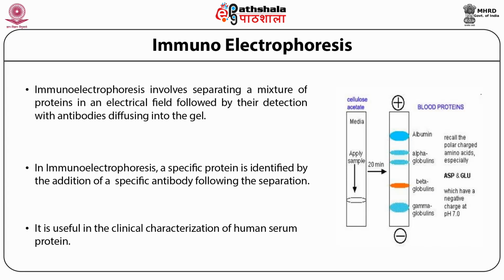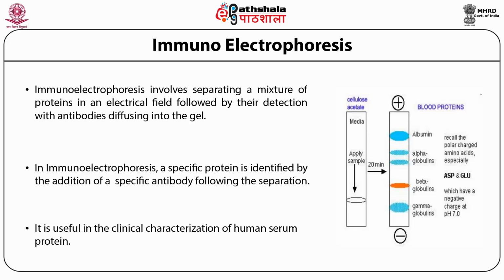The other method which has also been routinely used in clinical biochemistry is immunoelectrophoresis. This method is normally used for knowing the concentration of serum proteins. In this case, serum proteins are put on a plate or a paper and run on electrophoresis. The various proteins present in the serum are separated based on their charge as well as their molecular weight.